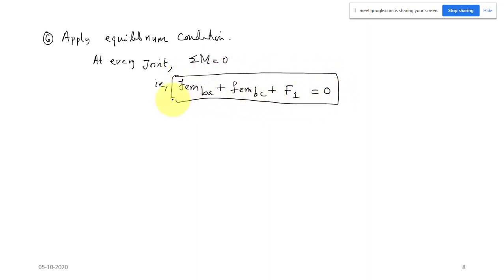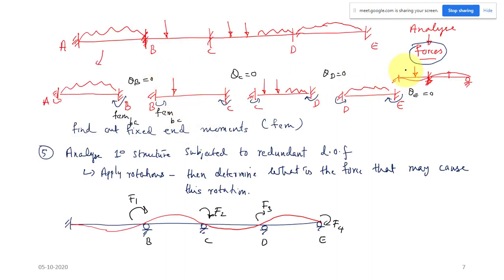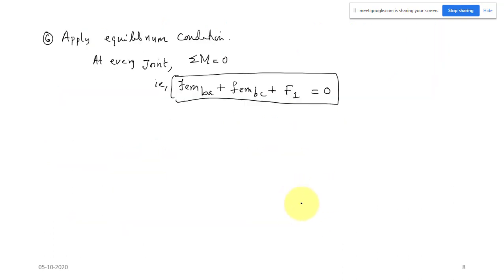Similarly, you can form the equation for all the joints. So we are going to have 4 unknowns. We will get one equation at this joint, another equation at C, another at D, and another at joint E. So we can form all the 4 equilibrium equations.